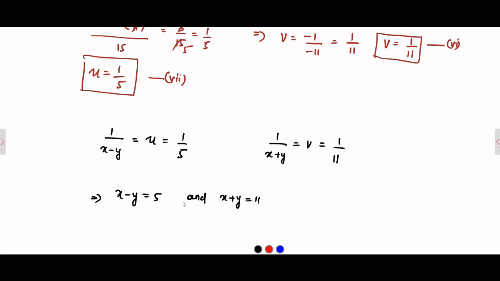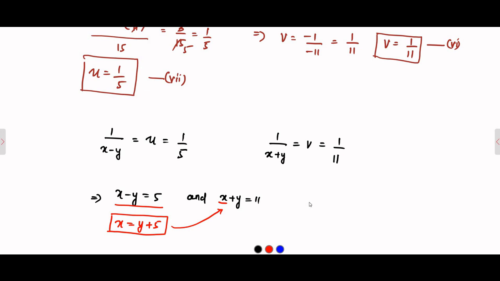Again we have to do the substitution method. Let's say we pick this equation, very simple it is. x is equal to y plus 5 from here. Now we substitute this in the other equation in place of x.